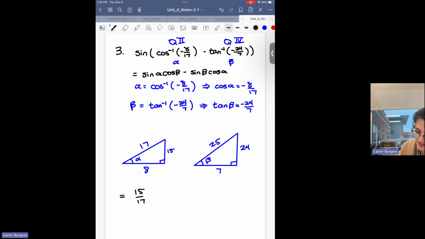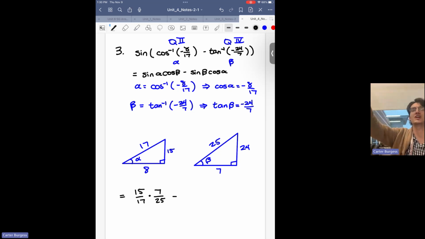What is cosine of beta? 7/25, positive or negative? Positive as well. We are in quadrant 4 where our x value is positive. Fantastic. What is sine of beta?